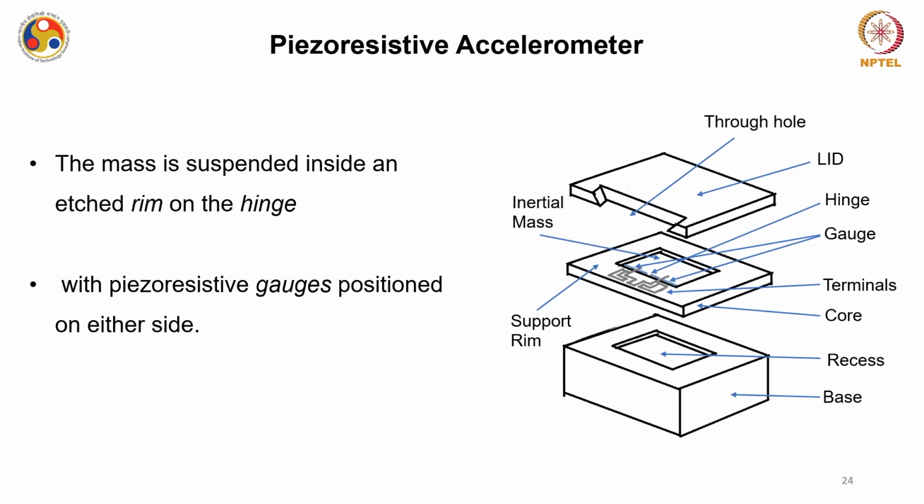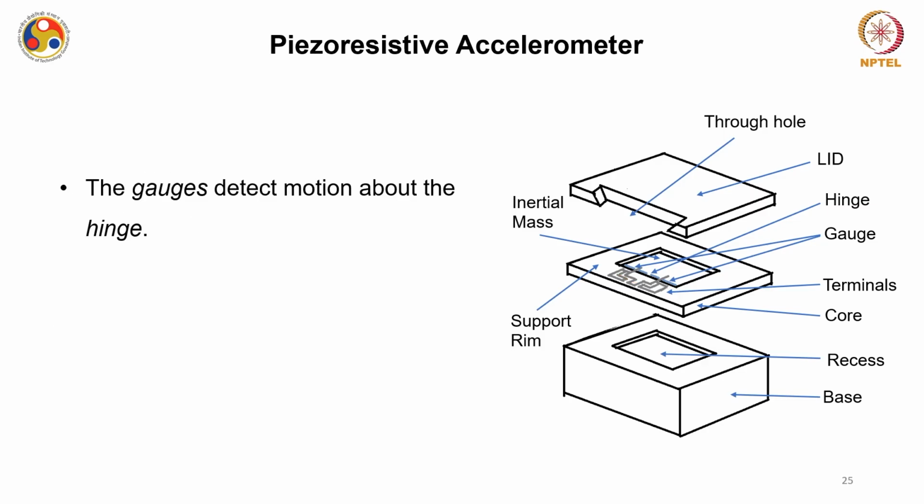The mass is suspended inside the etched rim on the hinges, like this. These are hinges, and they have been etched from silicon only. Now piezoresistive gauges are placed on either side of this inertial mass. These piezoresistive strain gauges detect motion about the hinges of this proof mass.